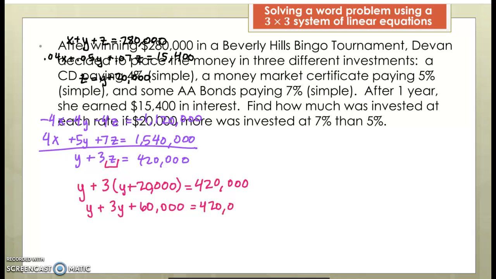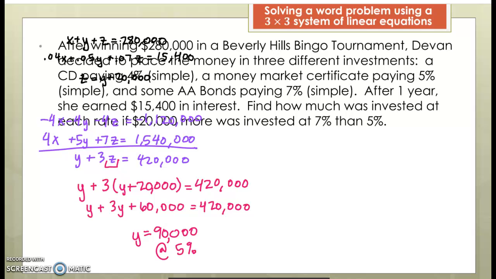So I'm going to end up getting 4y equals 360,000. And then I'll divide by 4 and I'll get y equals 90,000. Now what was y? Y was the amount put into the account at 5%.